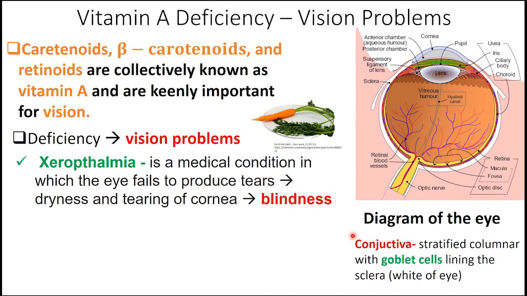But why would that produce blindness? Well, if you don't produce the tears, right, then your eye won't be moisturized, and that would produce friction that would ultimately tear the cornea. So it turns out, and if you watch my optics lecture, you would know this, that the cornea is the major bender of light. It actually isn't the lens. The lens actually bends light very little.